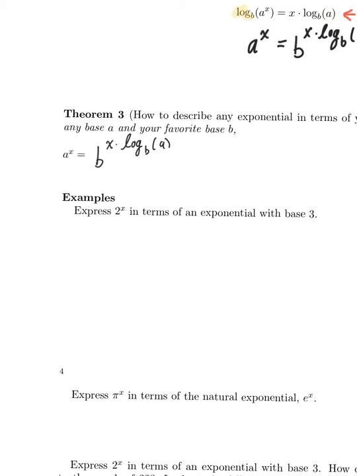So if you want to express 2 to the x in terms of an exponential with base 3, well, 2 to the x is equal to 3 to the x times the log base 3 of 2.